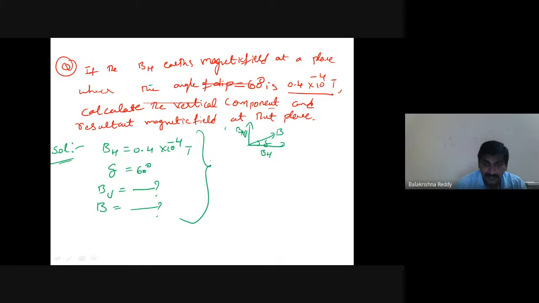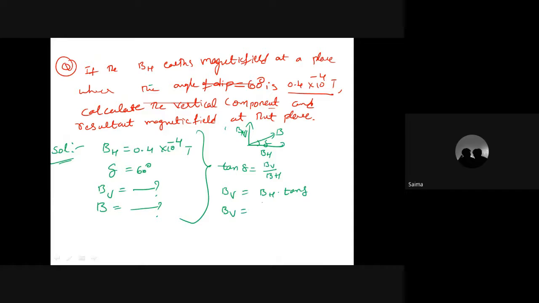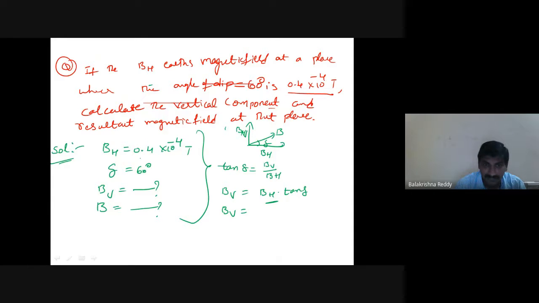With respect to this angle, tan delta equal to vertical component by horizontal component, right? So I can write BV equal to BH into tan delta. BH is given: 0.4 into 10 to the power minus 4 Tesla into tan 60 degrees.